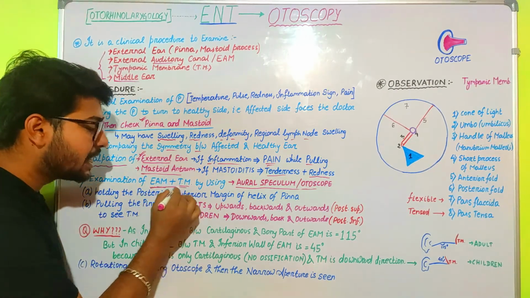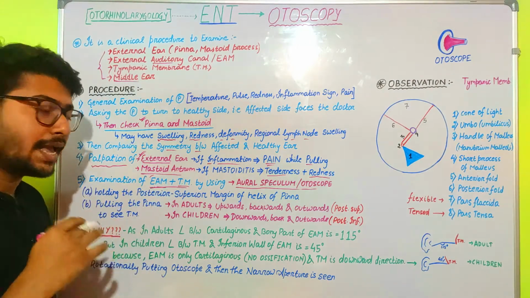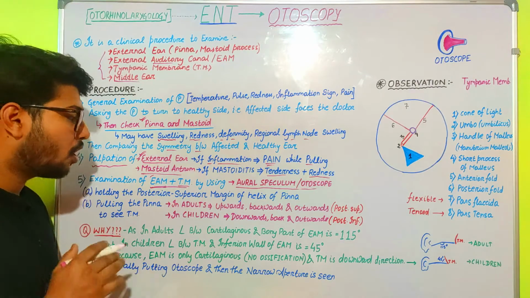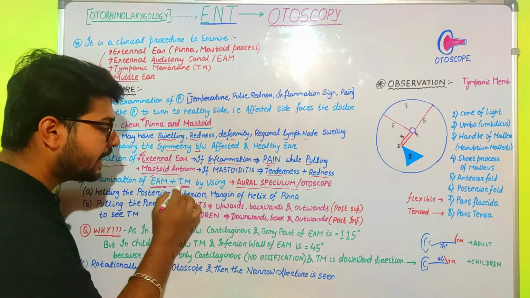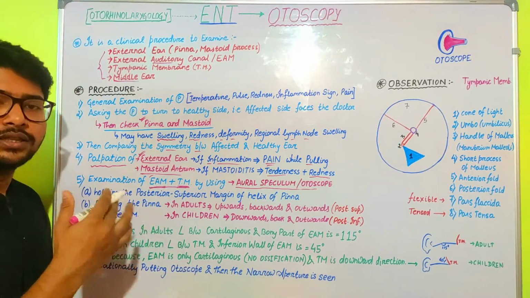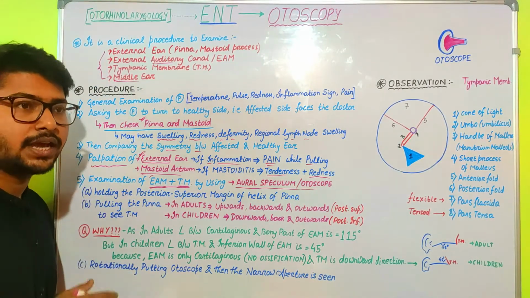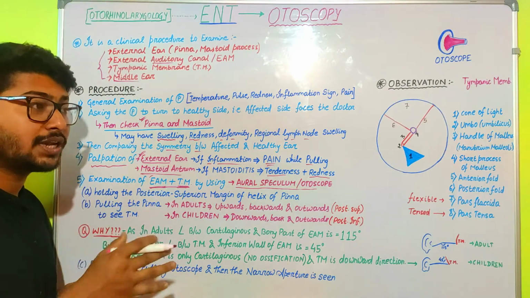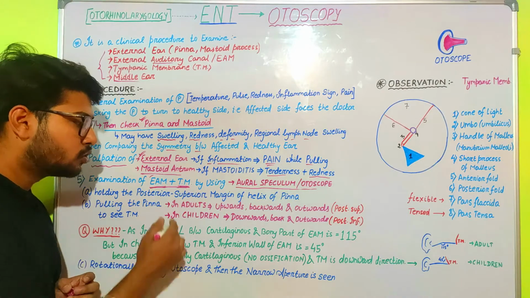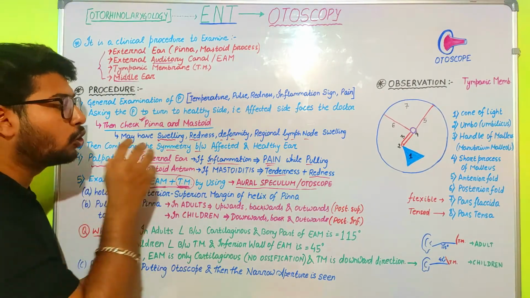Through this otoscope, the doctor is going to see whether there are any foreign bodies in the external acoustic meatus, or any changes in the tympanic membrane. The doctor is going to check whether there is pus present behind the tympanic membrane, so that the tympanic membrane will be bulged and more reddish in color. All the changes will be marked by the doctor through this otoscope.